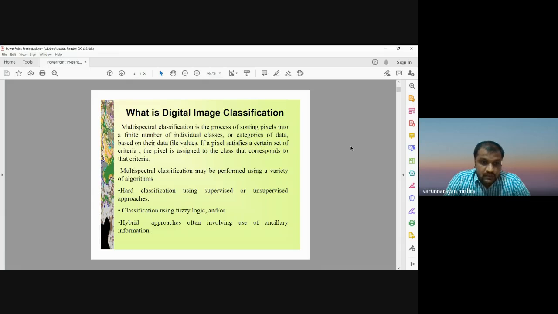Three types of classification methods are there: hard classification, that includes supervised and unsupervised approaches, then fuzzy logic based classification, and the third is hybrid classification, that involves two different classification processes, which is why it is known as a hybrid approach, often involving the use of ancillary information.